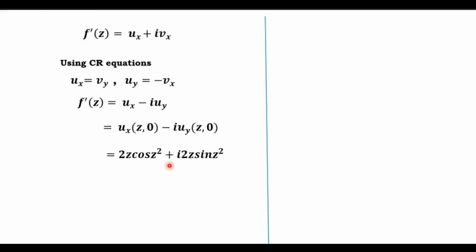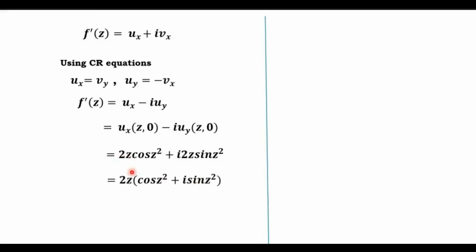Our aim is to integrate this function. Before integrating, I can take 2z common. If I take 2z common, the remaining will be cos z square plus i into sin z square. Cos theta plus i sin theta के form में आ जाएगा. That will be e raised to i theta.